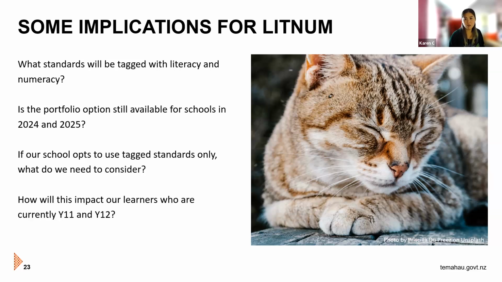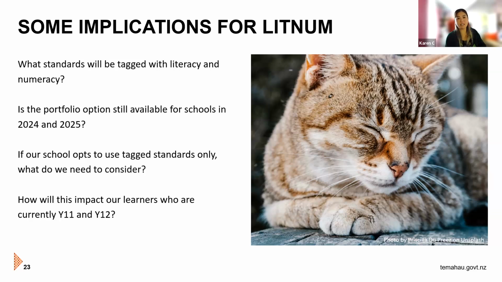Now, you may have noticed with respect to that first question that I put up, that some of the new NCEA Level 1 standards have a numeracy tag. Now, this tagging that you see currently is for schools who are piloting the new NCEA Level 1 in 2023 only. The full list of tag standards for 2024 and 2025 is yet to be released.